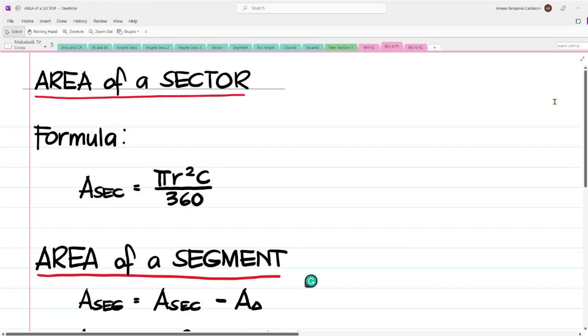Area of a sector: pi r squared C over 360, where r is the radius and C is the measurement of the central angle.